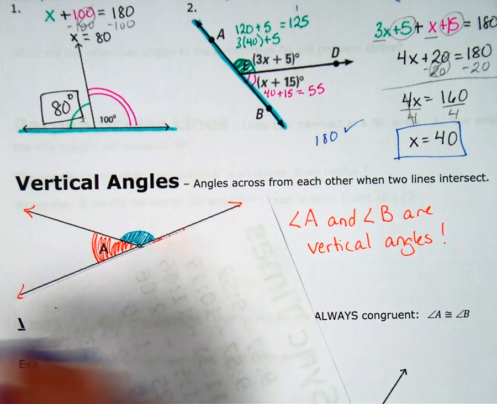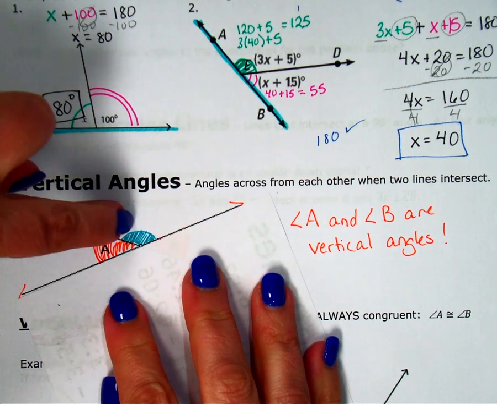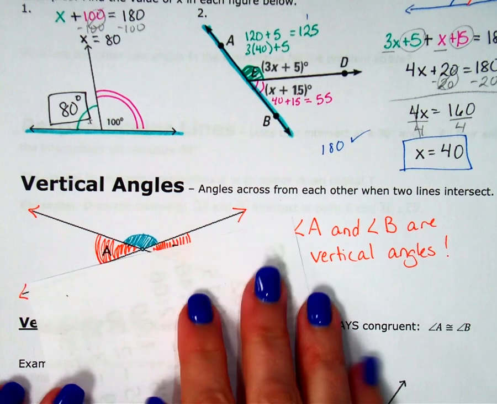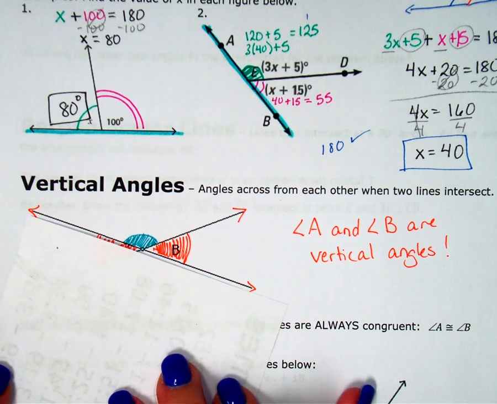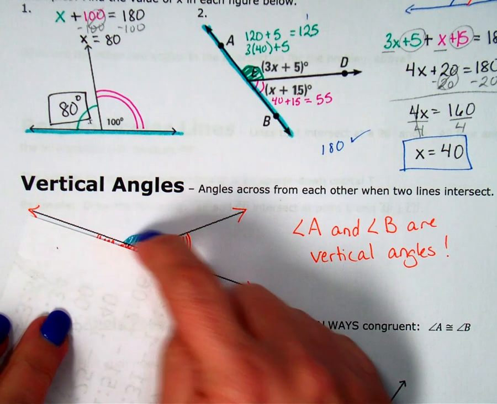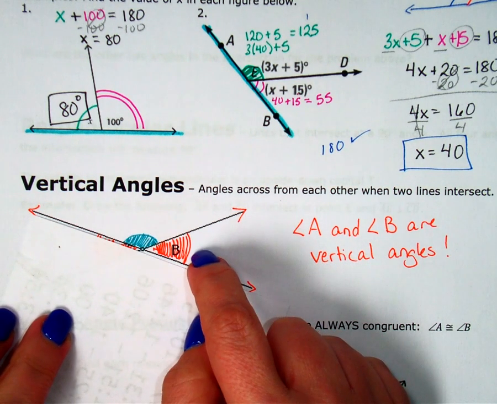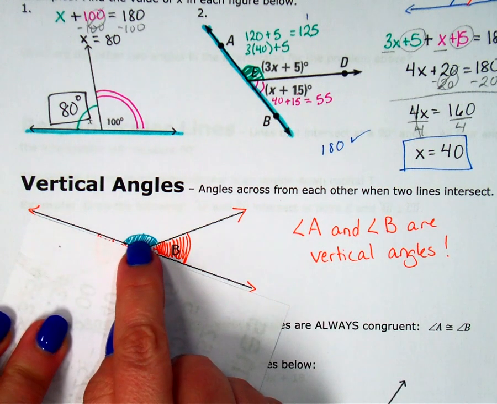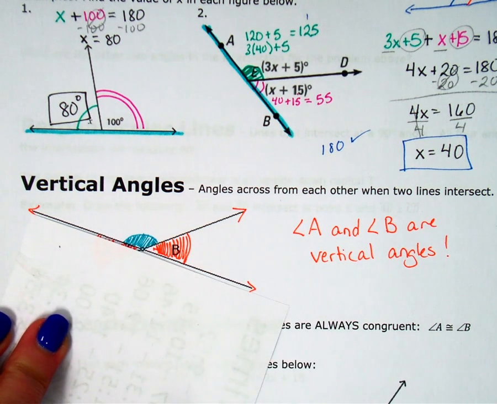Those two angles are a linear pair. Whatever this is plus angle A makes 180. But if I rotate this way, whatever this is plus B makes 180. So that means A and B have to be the same thing because they both add together with this teal angle to make 180 degrees.